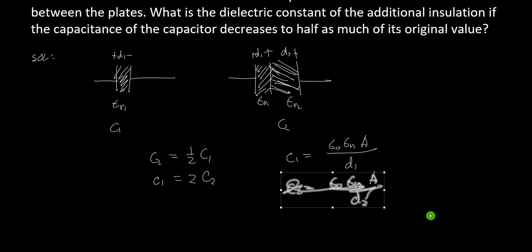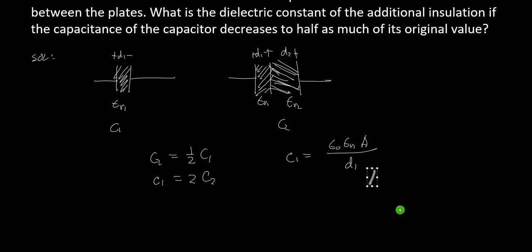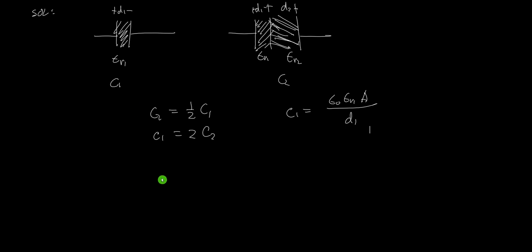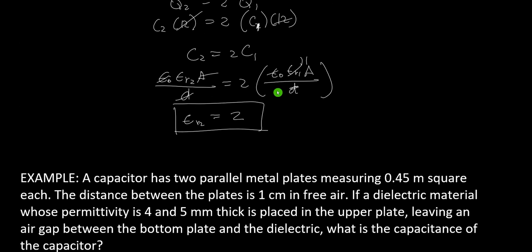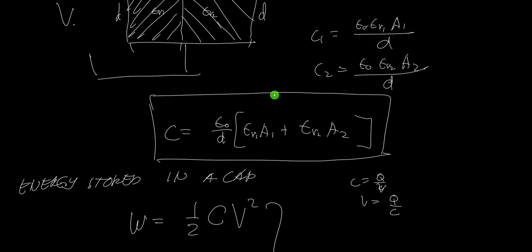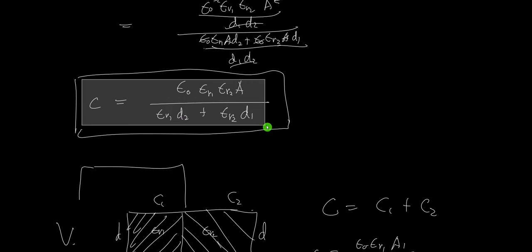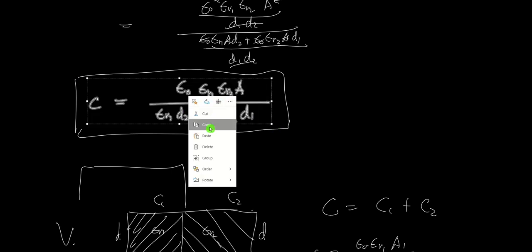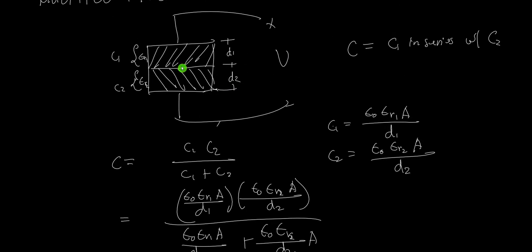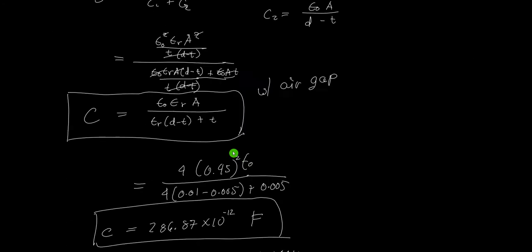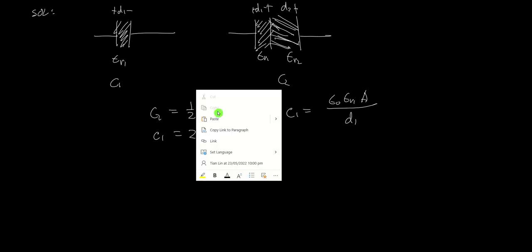This is true only for the second part. But for the new capacitance of this combination, let's solve that. We have already derived the formula for a parallel combination somewhere here. We can just copy this one. This has two dielectrics, so we can use that to solve for the new capacitance, C2.